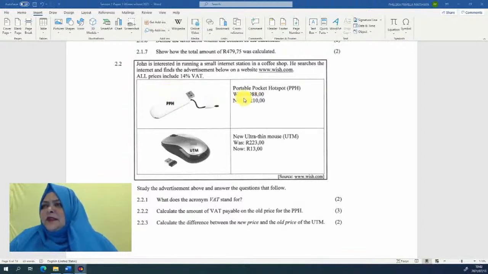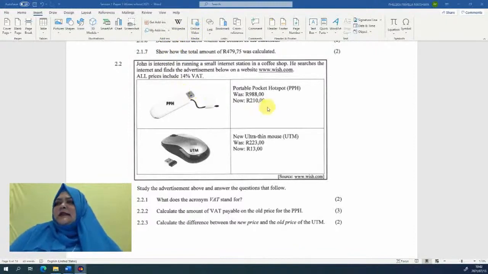One of these things is a portable pocket hotspot. He finds this on the website and he's looking at the prices. The portable pocket hotspot, PPH, was 988 rand, but now it sells at 210 rand.